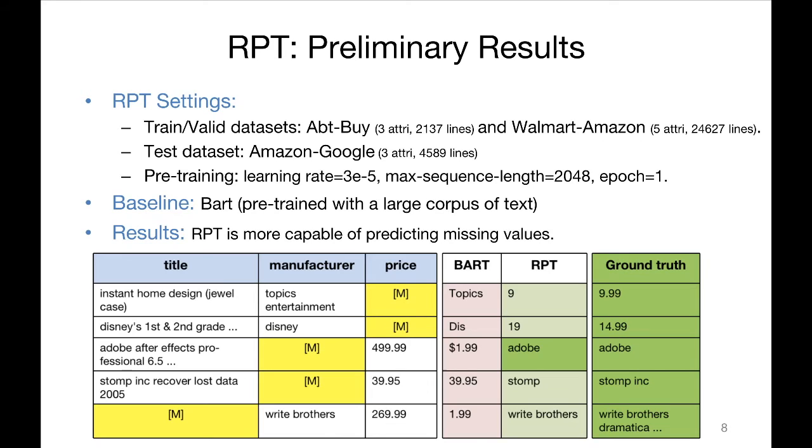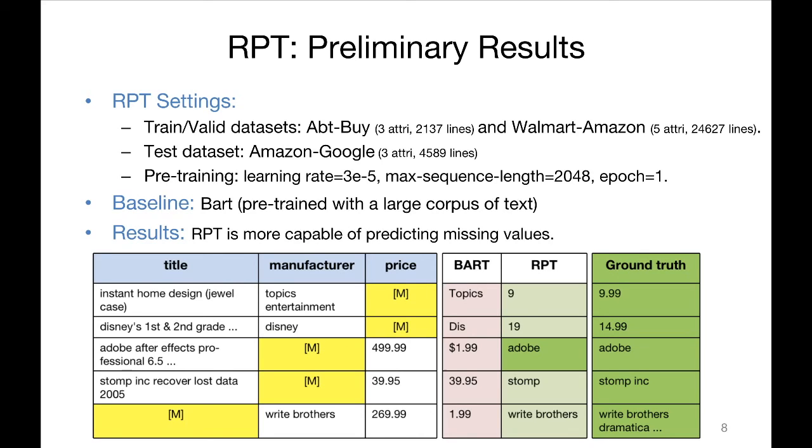Here, we show our preliminary experiments to show that RPT can reconstruct the masked tokens in tuples. The baseline is BERT, which is pre-trained on text corpora. We use product datasets ABT-Buy and Walmart-Amazon to pre-train RPT and report the results on another product dataset, Amazon-Google. We masked attribute values and asked BERT and RPT to predict the original values.